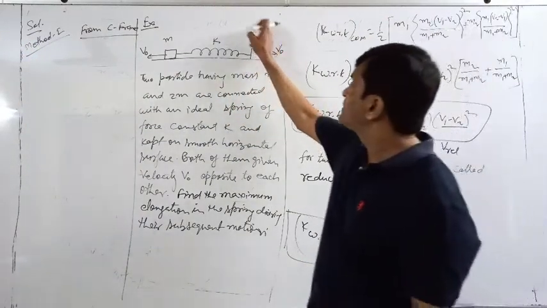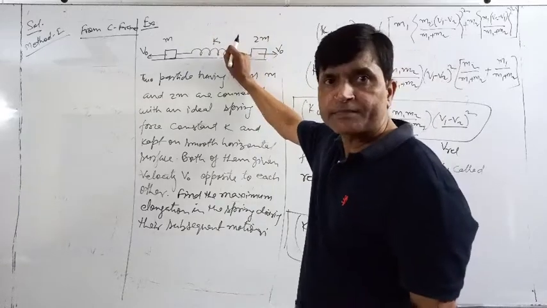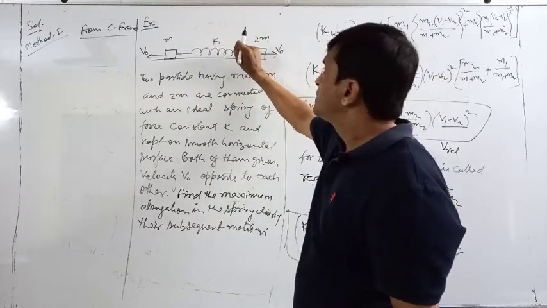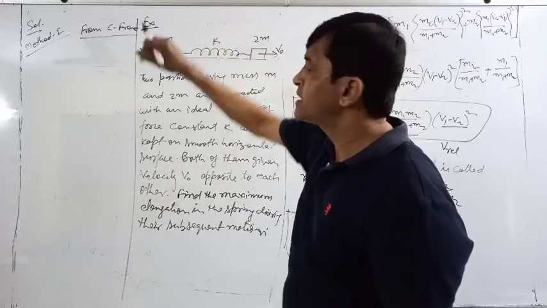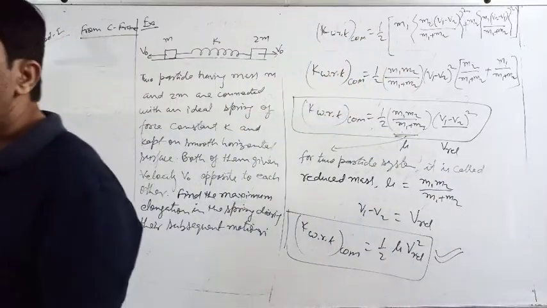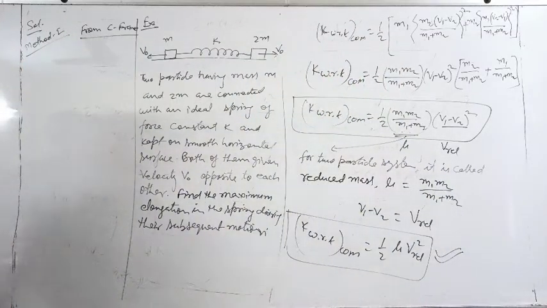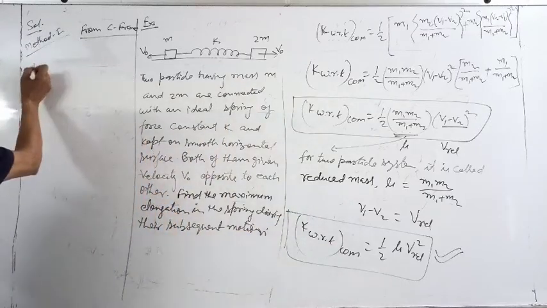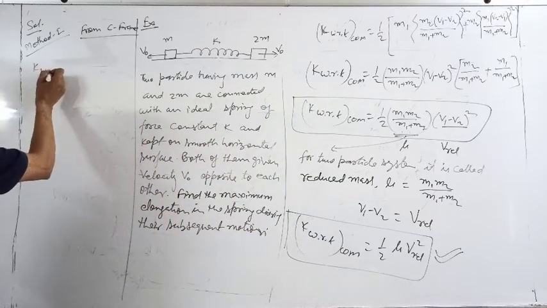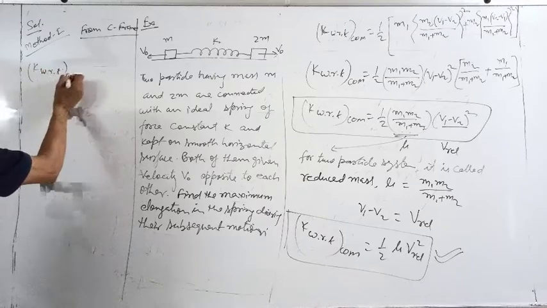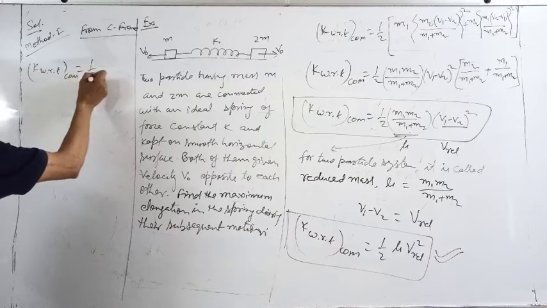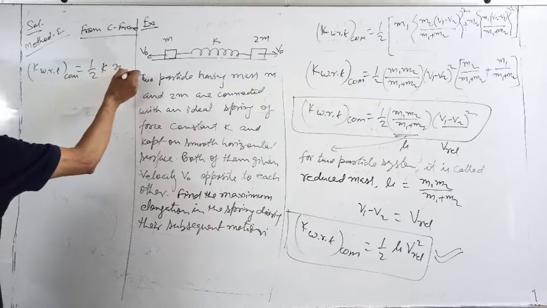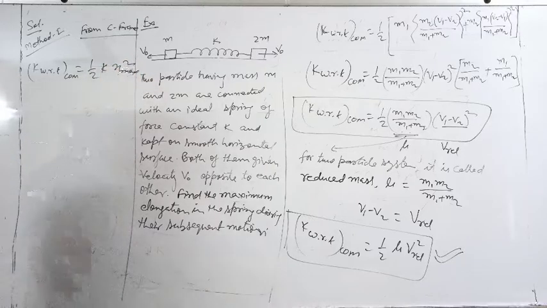It means all of the kinetic energy of the system with respect to the center of mass converts into spring potential energy. So I can write directly: the initial kinetic energy of the system with respect to the center of mass is equal to half K x maximum square.